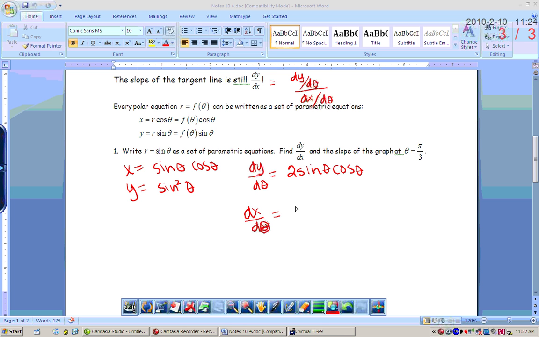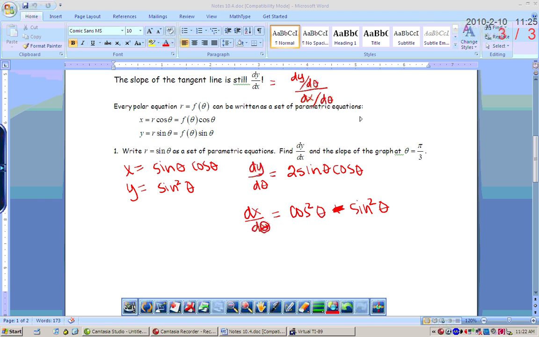And then dx d theta, unfortunately, I'm going to have to use the product rule. Okay, wait, hold on. The derivative of the first times the second would be cosine squared theta, plus the first times the derivative of the second would be negative sine theta. So cosine squared theta minus sine squared theta.